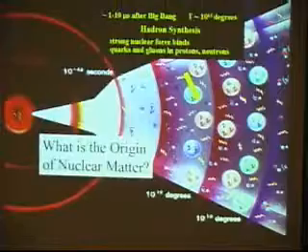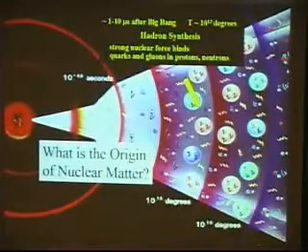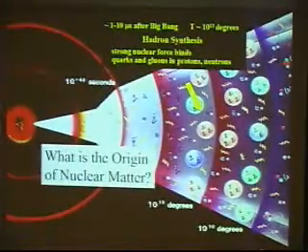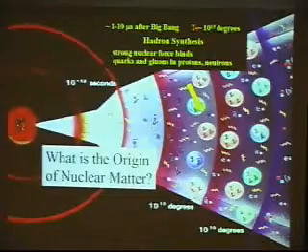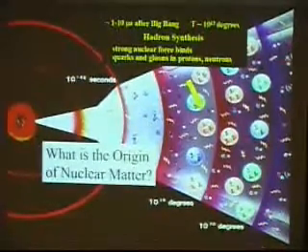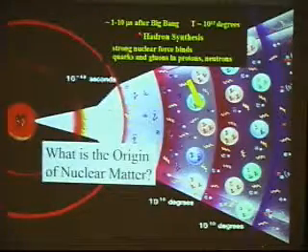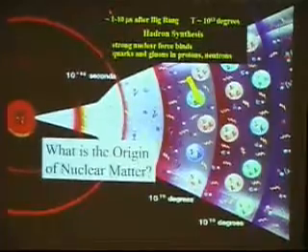There's actually a broad range. I specify here 10 to the 13 degrees C. So this is a number with 13 zeros. And that's the temperature at perhaps about 5 microseconds after the Big Bang. And we are really interested in the time span from 1 to 10 microseconds after the Big Bang.